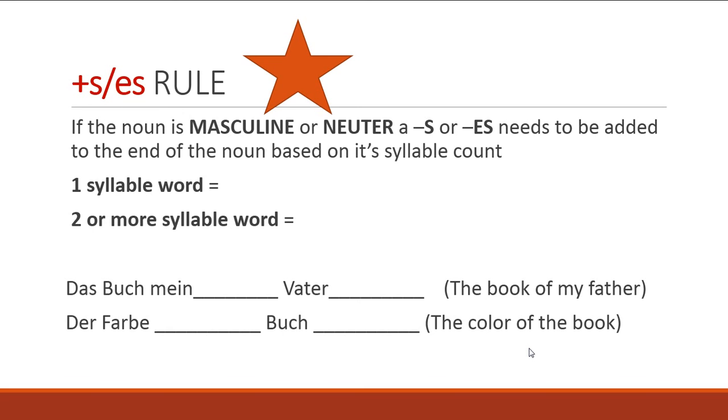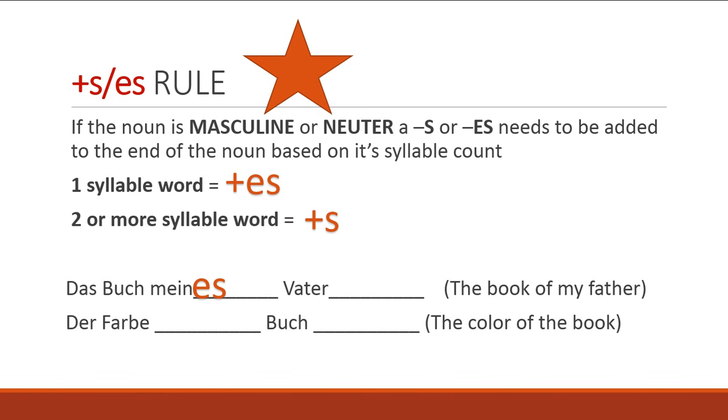That rule is based on the syllable count. If it's a one-syllable word like Mann, you add an ES. If it's a two or more syllable word like Mädchen, you add an S. So one syllable gets two letters, two or more gets one letter. If we look at these examples, das Buch meines Vaters.